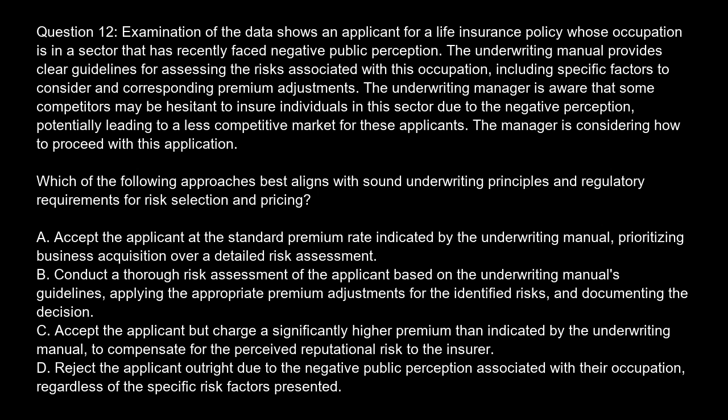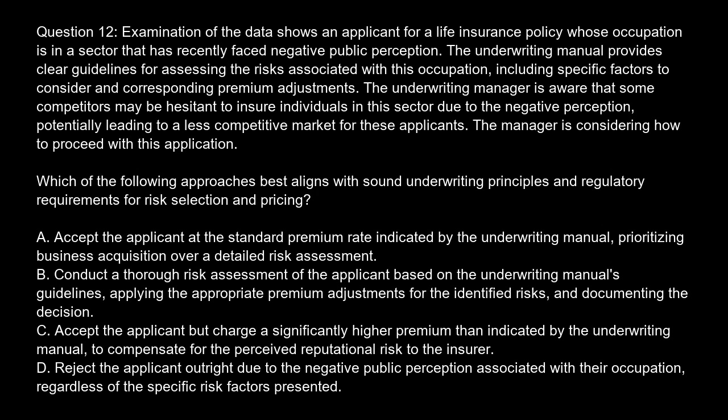Which of the following approaches best aligns with sound underwriting principles and regulatory requirements for risk selection and pricing? Option A. Accept the applicant at the standard premium rate indicated by the underwriting manual, prioritizing business acquisition over a detailed risk assessment. Option B. Conduct a thorough risk assessment of the applicant based on the underwriting manual's guidelines, applying the appropriate premium adjustments for the identified risks, and documenting the decision.